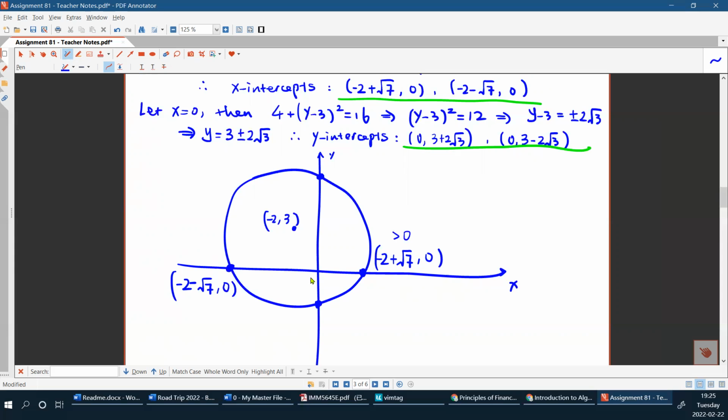And of course, it should be to the right of the y-axis, right? And the two y-intercepts are (0, 3 plus 2 times square root of 3) and (0, 3 minus 2 times square root of 3). And of course, the length of the radius is 4, right?